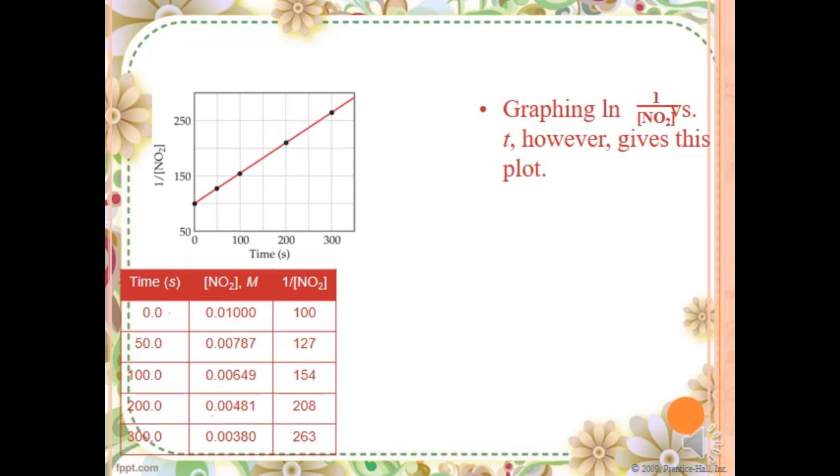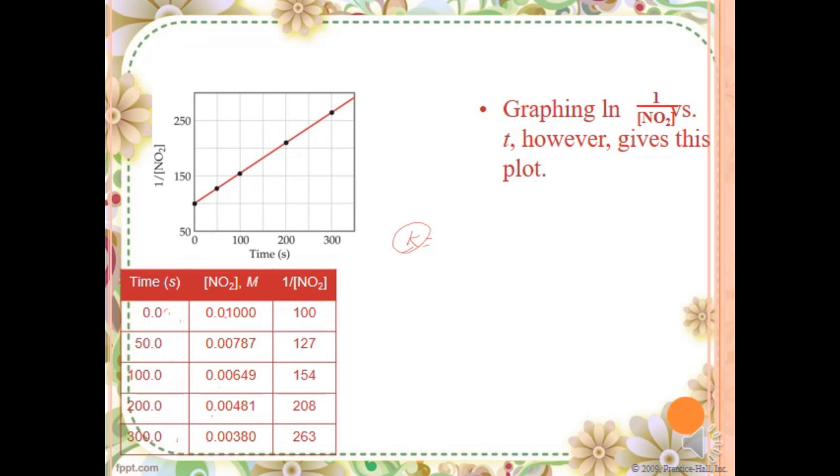Now if you don't want to plot, you can just substitute the value of each concentration and time into the memorized formula for zero order, first order, and second order. Remember, the k constant has to be constant. When you substitute t and concentration for zero order, you will not get the same value of k at different times, so it's not zero order.